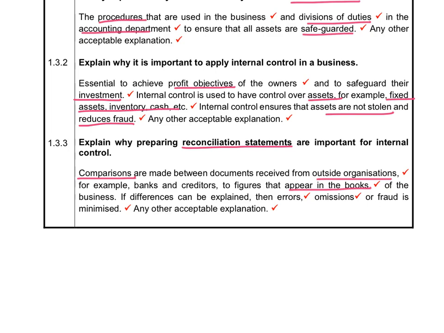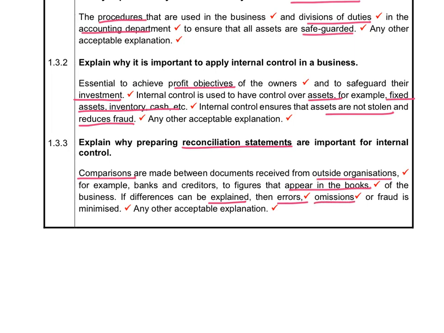They can be explained so you can work out what is the reason why they are not the same. For instance, that one of the two, either us or them, made a mistake, or like with a bank that we record the deposits up to the last day of the month and they close their bank statements on the 28th of the month, so there's omissions on their side or whatever.